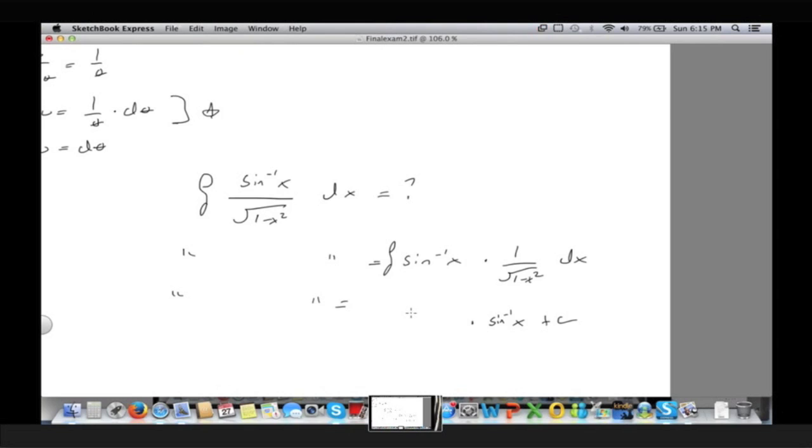I'm not sure what the antiderivative of inverse sine is.